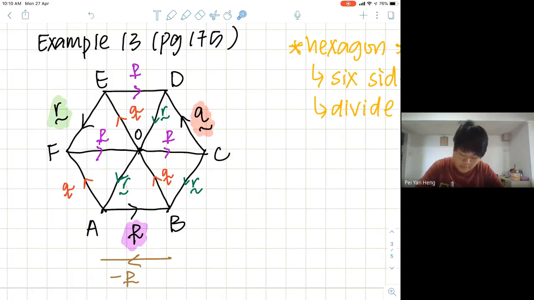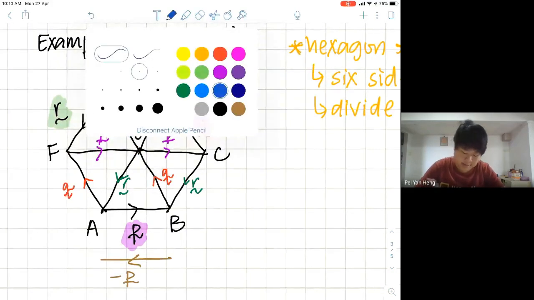So it doesn't work quite well in this case because you are restricted by what you have in the hexagon. So you cannot just shift the vector out. So here we are going to look at this instead. BO, O to F, and then negative R is this direction.